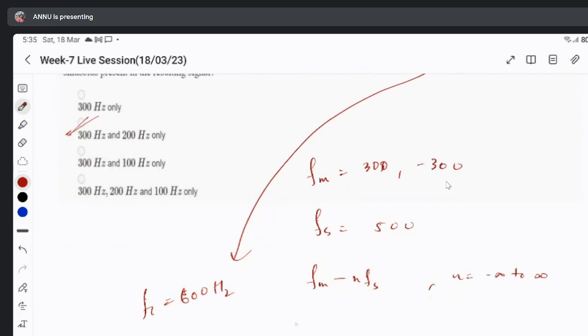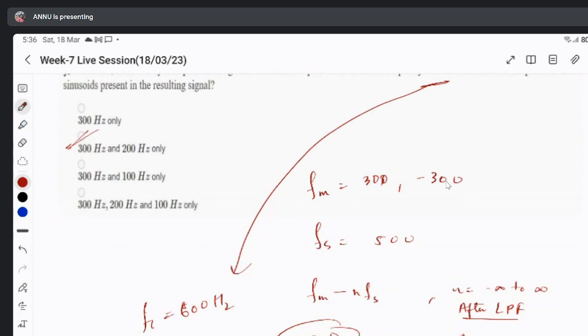In order to get 300 with n equal to 0, you will have fm as 200 after the LPF. Now if n is 1, 500 minus 300 is 200. And 800 will be filtered out. Whether we are getting 100 or not? No, ma'am, we won't get 100.